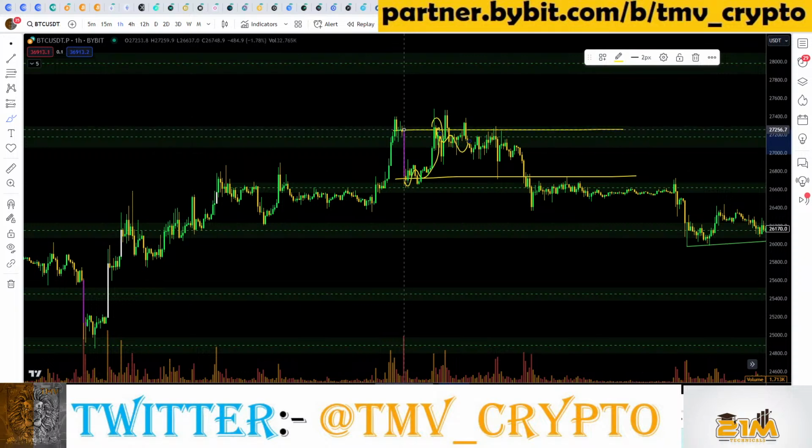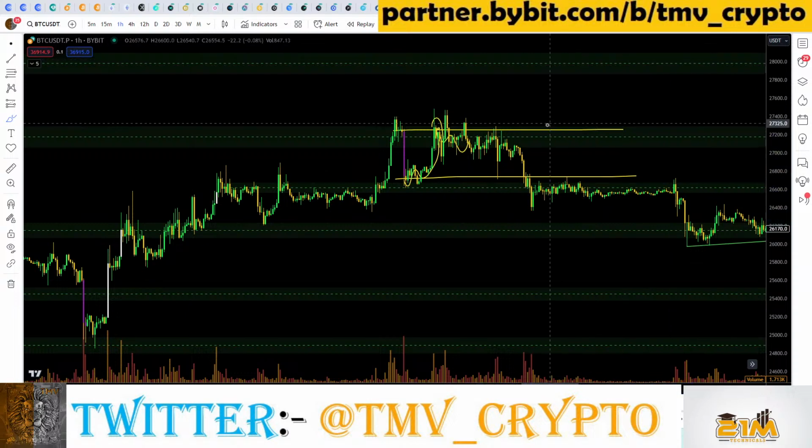Till it flips it, we are still bearish. It is for shorting, and the price is going to start dumping down. And the more it's going to act like a support and resistance as well. You have these lines over here.